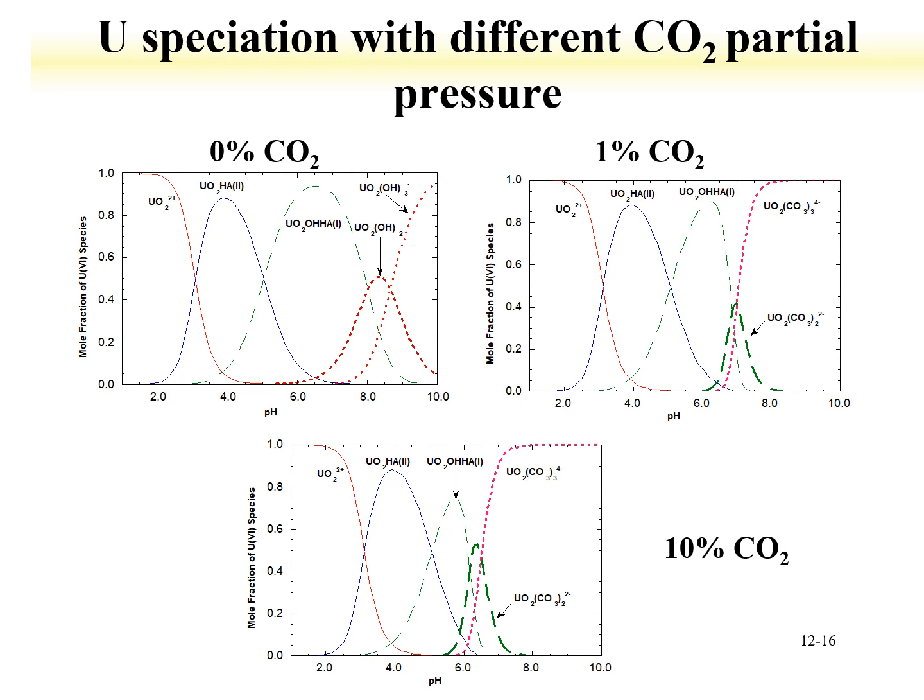And what we see is that as the CO2 partial pressure goes up, the carbonate becomes more important, it becomes more dominant at earlier pHs, and that the overall concentration of other species are impacted. For instance, this mixed uranium hydroxy humic acid species, that seems to be impacted by the level of carbonate because it's competing for carbonate speciation around the same pH.